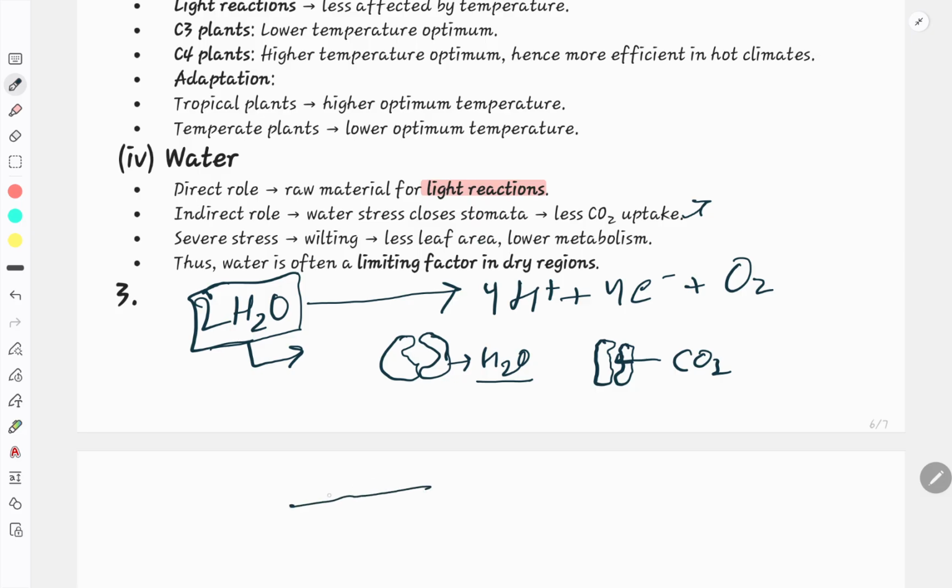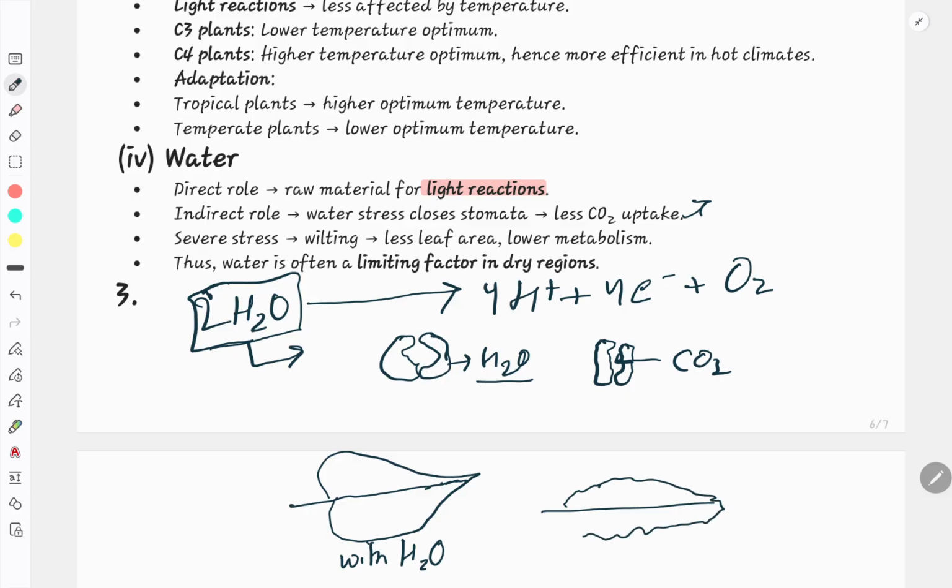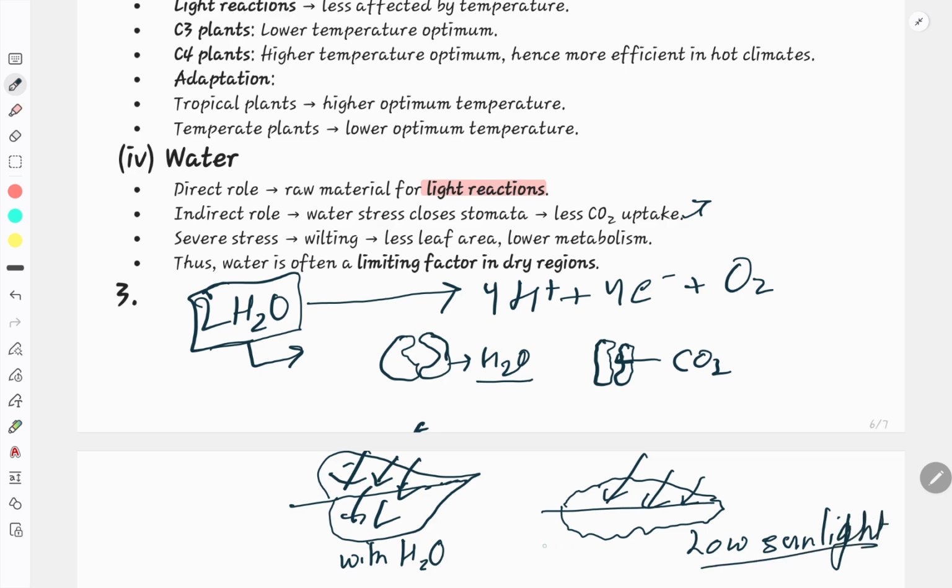If a leaf is fully hydrated, it will have its original shape, and if a leaf gets dehydrated, the surface area of the leaf in direct contact with light will reduce, and that means low sunlight. Low sunlight means a low rate of photosynthesis.